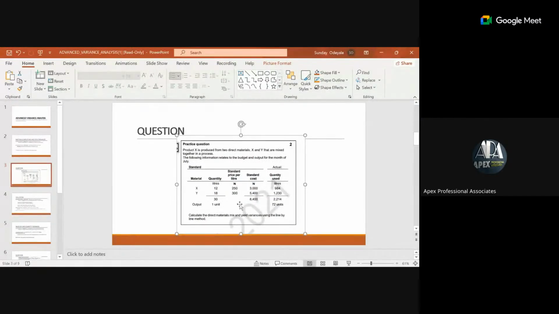We still solve more questions like that to get our standard cost. So here they've given us 8,400 as standard cost per output. Now again, in a situation where your budgeted output is not 1, you should always remember that you are to divide by whatever number you have here.